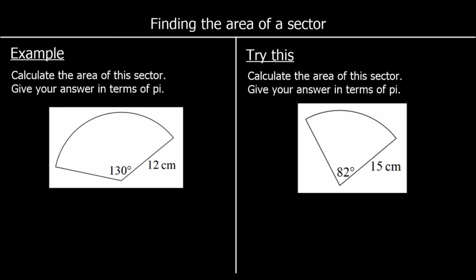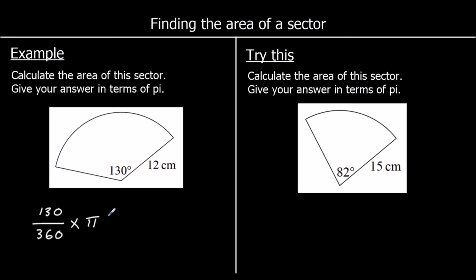Now we've got the area of a sector. So this shape is called a sector, and it's part of a circle. So the area of it is a fraction of the area of the circle. So again, we've got 130 degrees out of 360 degrees, and we've got that fraction of the area of a circle, which is pi times the radius squared.